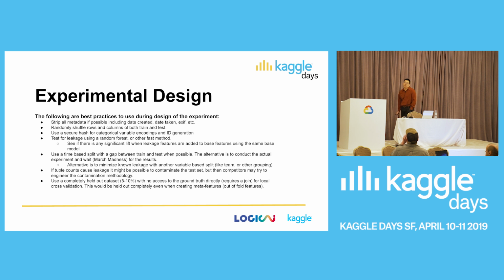And from the standpoint of a competitor, a lot of competitors leak when they do their cross-validation. This is kind of different from Kaggle leakage. What I'm talking about here is that a Kaggle competitor will set up their cross-validation and think, oh, it's a really good score, I'm going to win this competition.